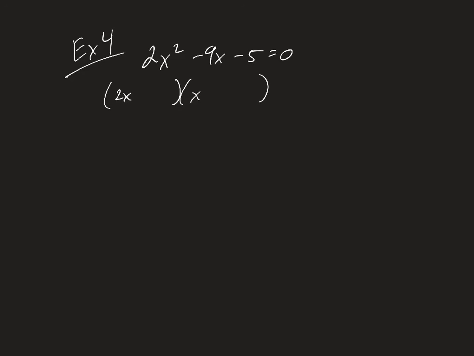Okay, so we'll take a look at example 4: 2x squared minus 9x minus 5. We need to have these first two terms be 2x times x, and we also need 5 times 1 to get 5.